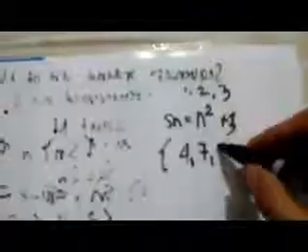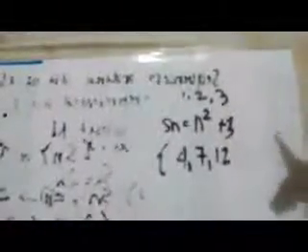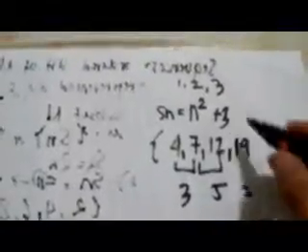Notice that 4 and 7 have a gap of 3, and 7 and 12 have a gap of 5. So I'm assuming, but I'm sure of it, that the next one will have a gap of 7. So let's say 19.